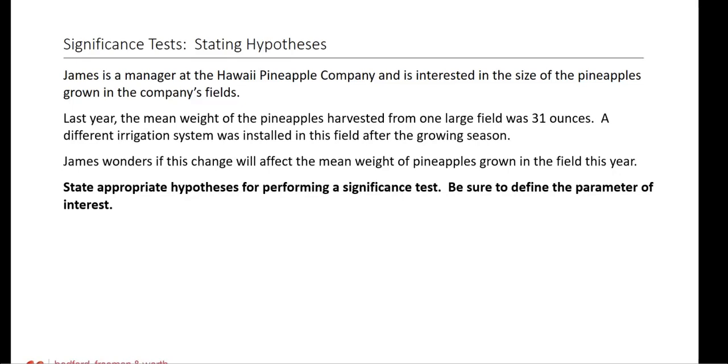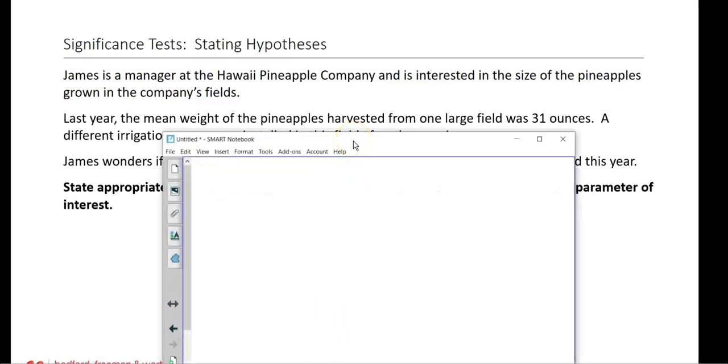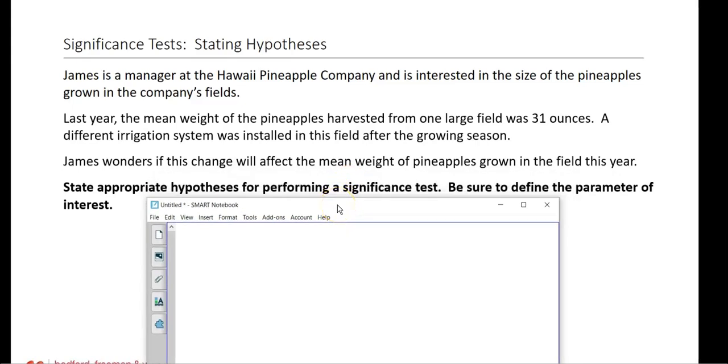So what are we measuring here? The mean weight of pineapples grown in the field this year. So it's definitely a mean, not a proportion here. So that's our mean, mu, there. So what is the null? So by the way, the notation for this, let me just write this out.